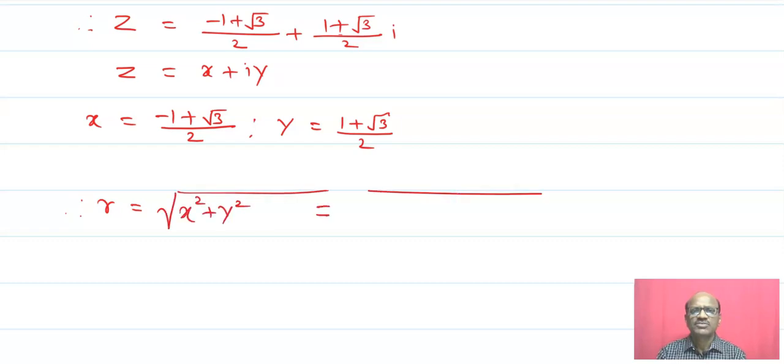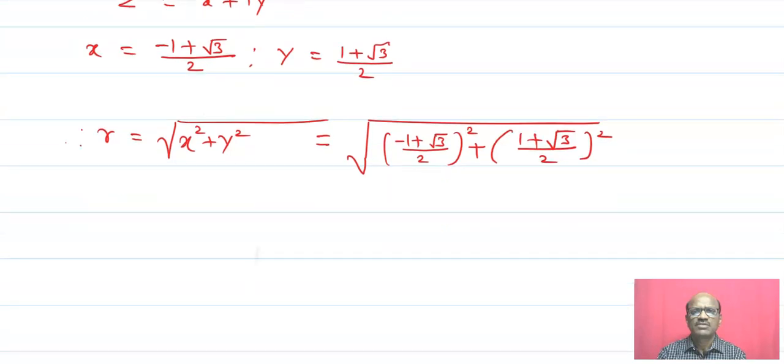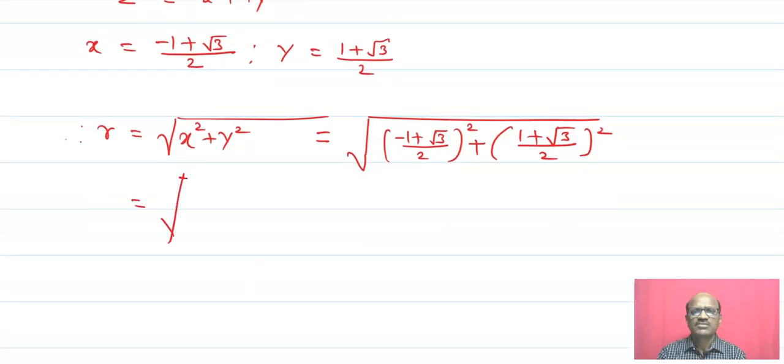Now again r is equal to the square root of x square plus y square, that is, (minus 1 plus root 3 upon 2) whole square plus (1 plus root 3 upon 2) whole square, that is equal to 1 by 4 in bracket.